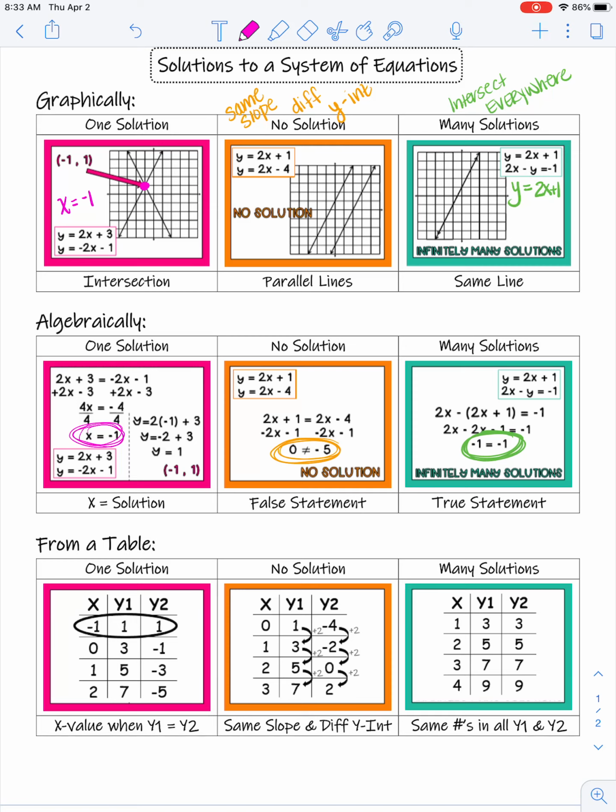So if you look at this table in this pink box right here for one solution, we are looking for the x value where y1 and y2 are the same. And you can see here that at x equals -1, y1 is 1 and y2 is also 1. So there's your solution, x equals -1.